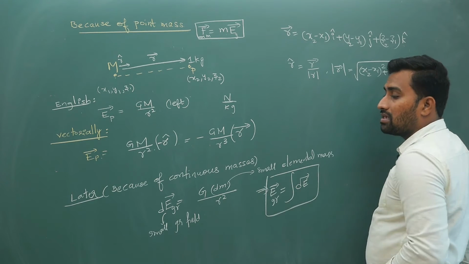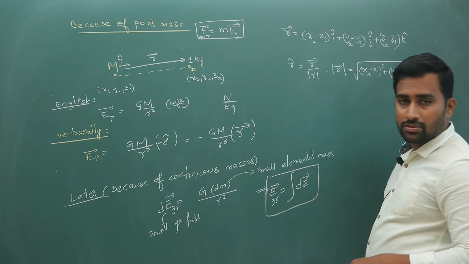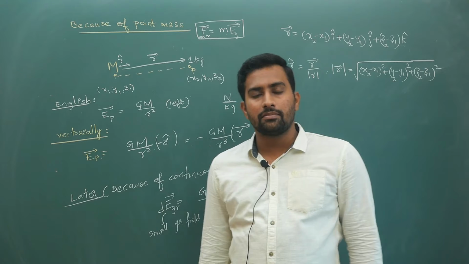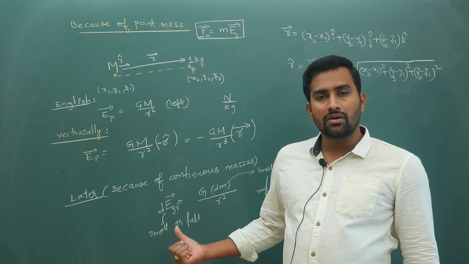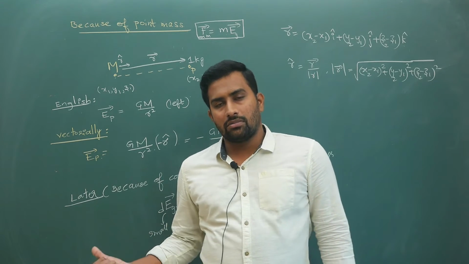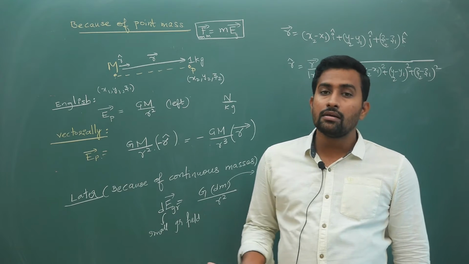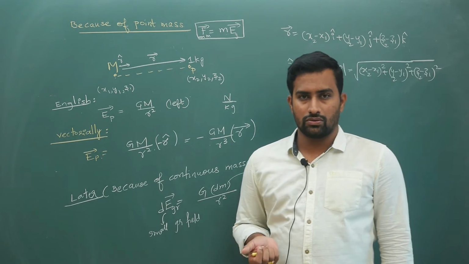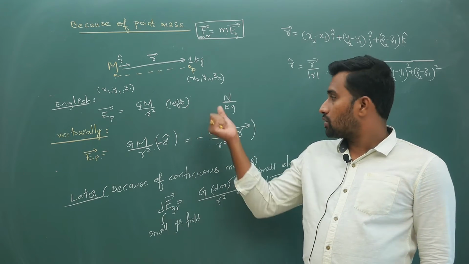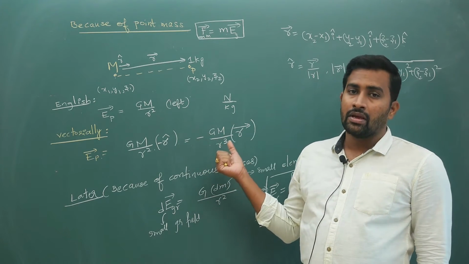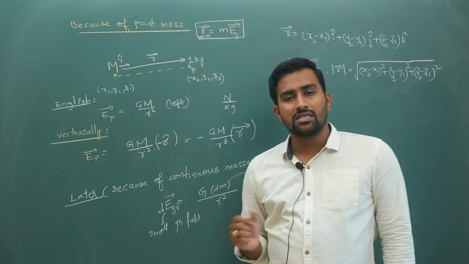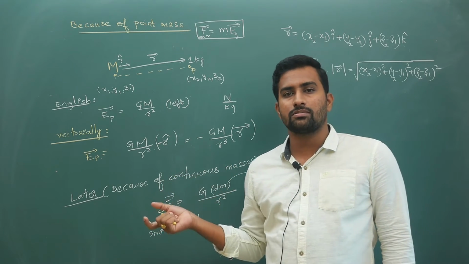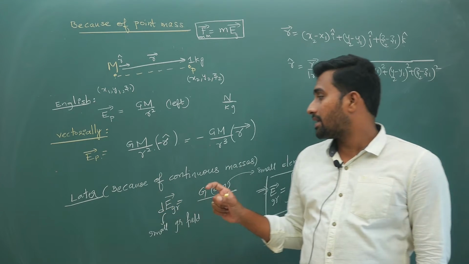You are supposed to do this for continuous mass distributions. First I will give a brief introduction of field and potential, then I will explain how to calculate field and potential because of continuous masses or mass distributions. Hope you have understood this and there are no doubts. Field is a vector, so direction is important. Potential is a scalar, for potentials there is no direction, but field is a vector, so for field you should definitely mark the direction.